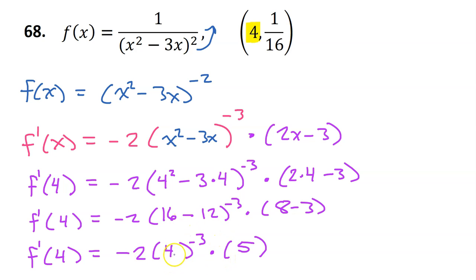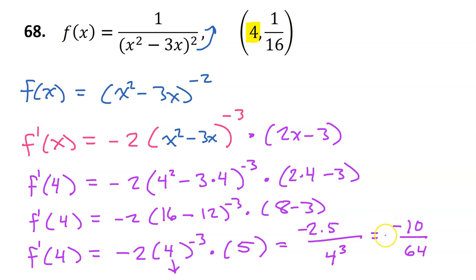The 4 to the negative 3 power, let's just drop this down to the denominator. Okay, so we're going to have 4 to the 3rd power in the denominator. That's going to leave the negative 2 times 5 in the numerator. So this will be negative 10 over 64.